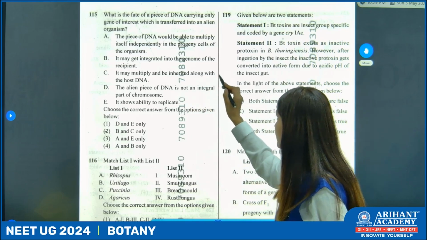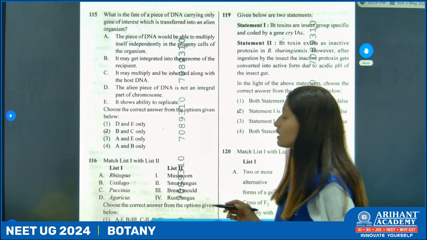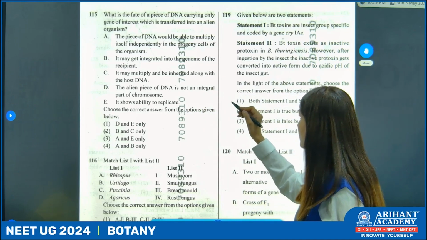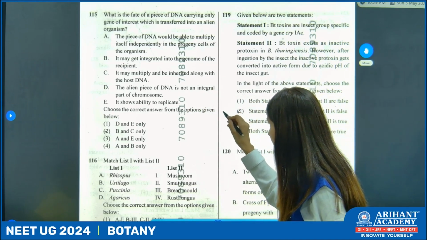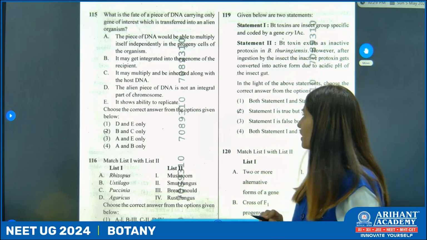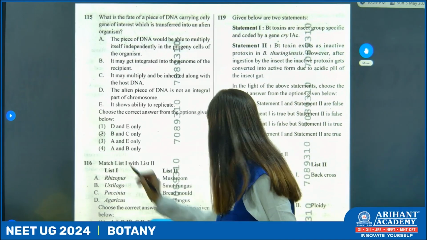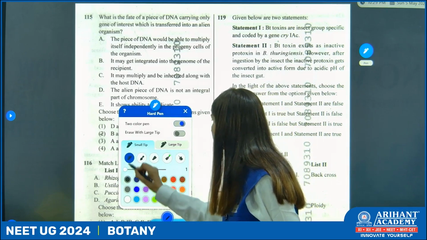It may be integrated into the genome of the recipient: this statement is right. It may multiply and be inherited along with the host DNA: even this statement is correct, and the remaining statements are incorrect. Hence, options B and C are correct.